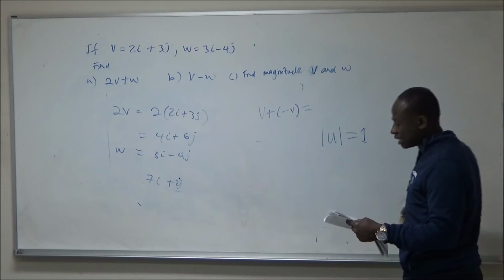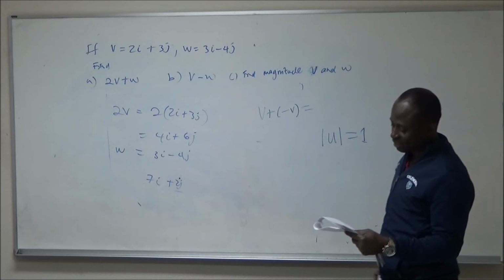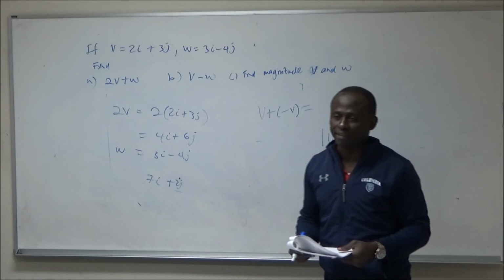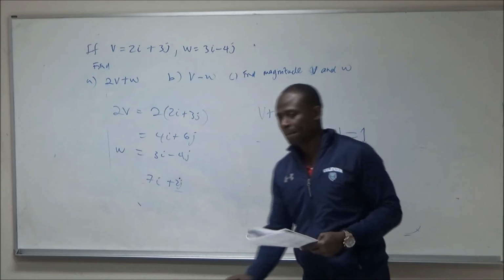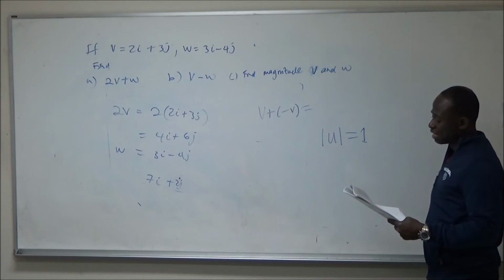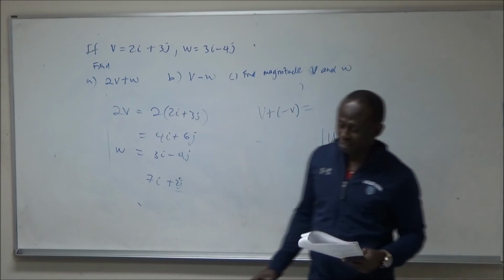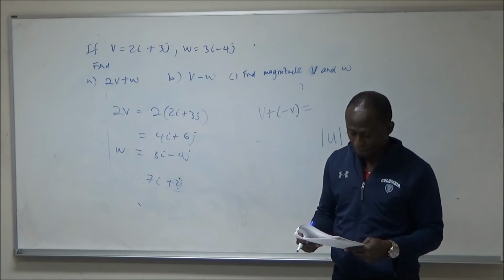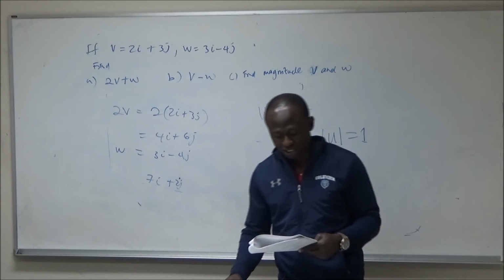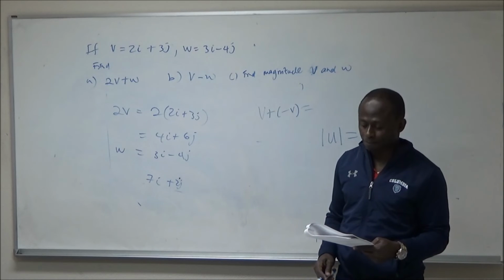I haven't told you this yet, but just guess. True or false? Mass is an example of a vector. False, yes, because mass is a scalar quantity, right? Force is an example of a vector. True or false? Yes, force has a direction, so it is true, right?